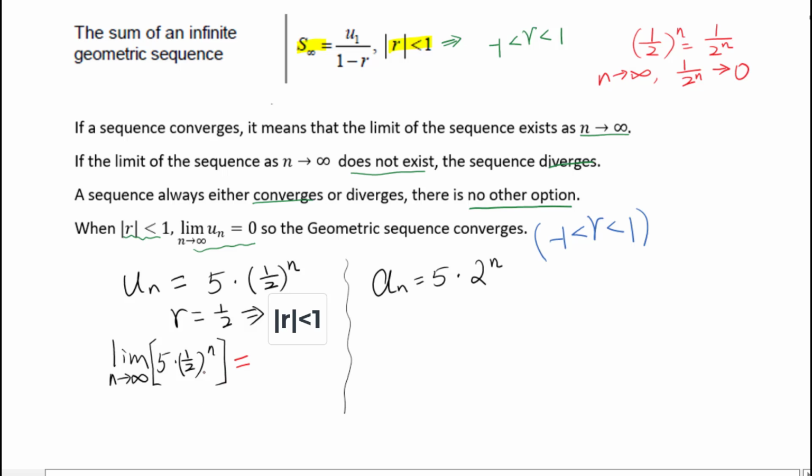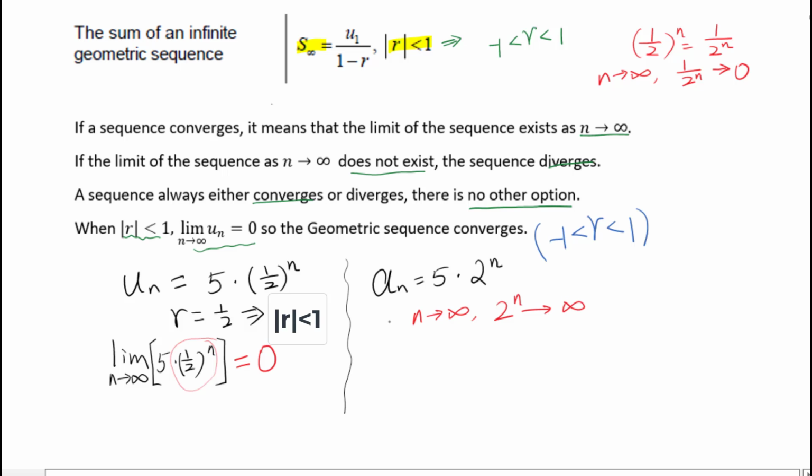Therefore, the limit as n approaches infinity of 5 times 1 over 2 to the nth power is 0, since 5 times 0 is 0. For A sub n equals 5 times 2 to the nth power, as n approaches infinity, we do know 2 to the nth power approaches infinity.